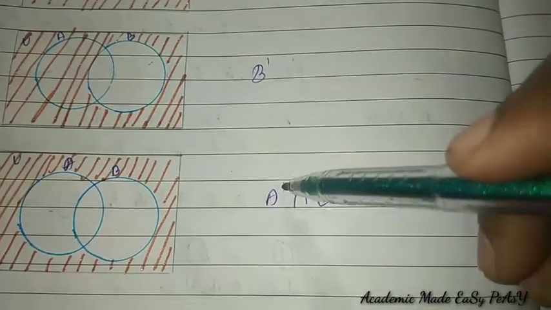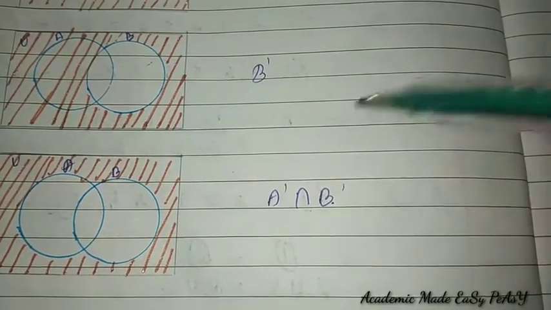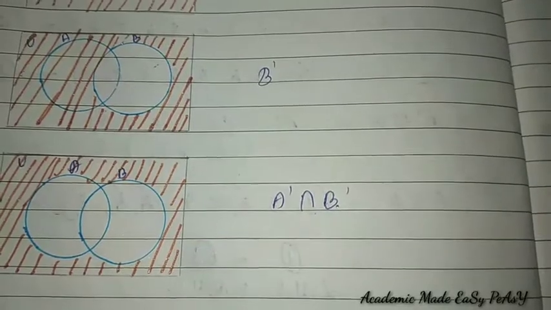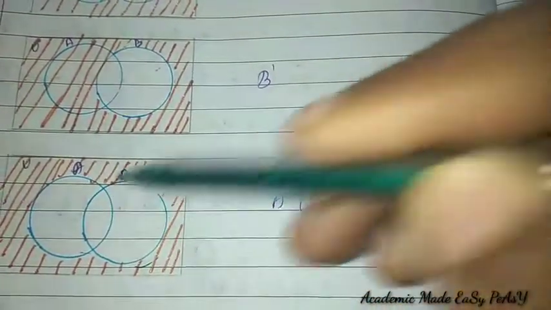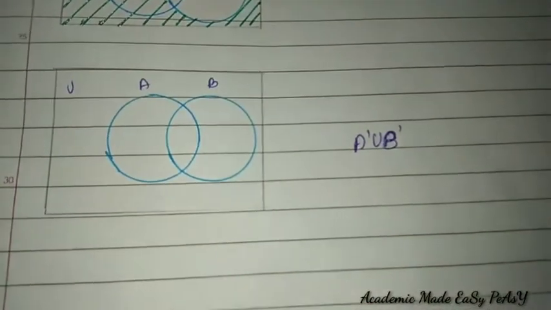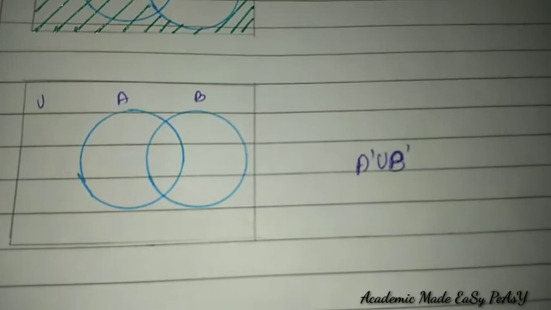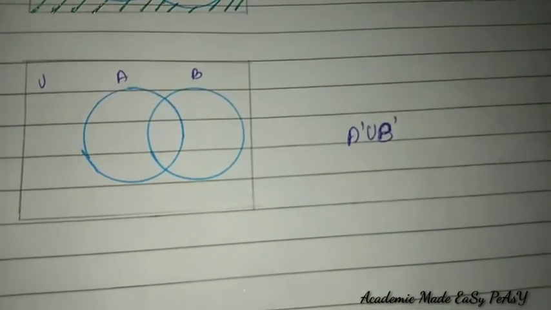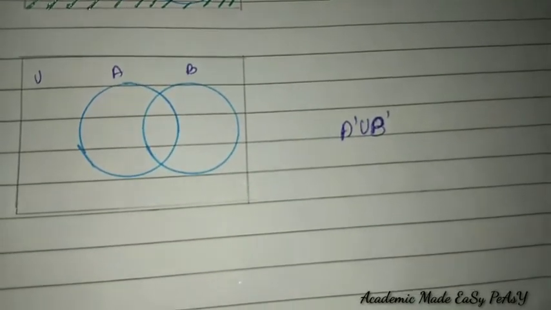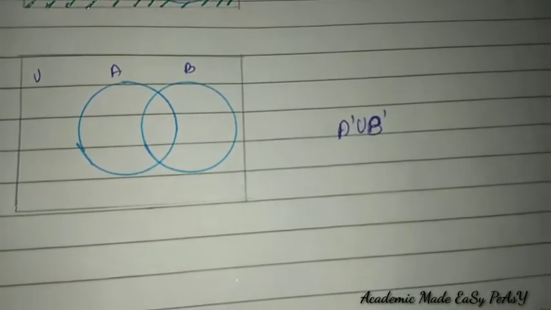So when it is A dash intersection B dash, it means like A union B, so we will not be shading this part. Is that clear? So when it is A dash union B dash, it means just like intersection. Is that clear? When it is complementation separately, it means that it is just opposite.